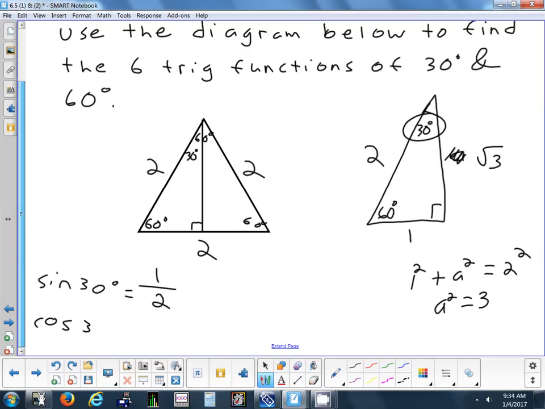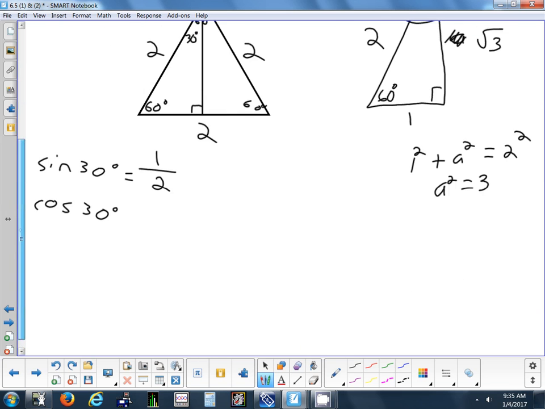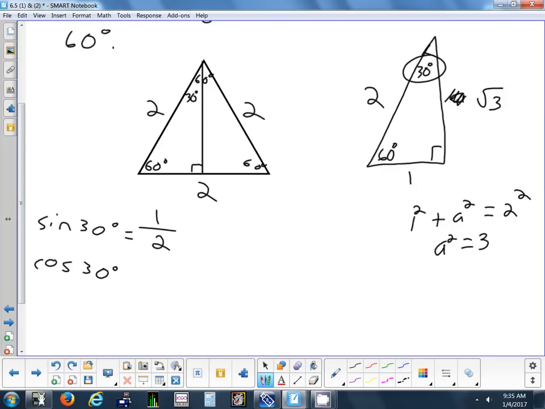How about, Adrian, what's the cosine of 30? Which one? Cosine of 30. What's your definition for cosine? 1 over square root of 3. That's going to be your tangent.